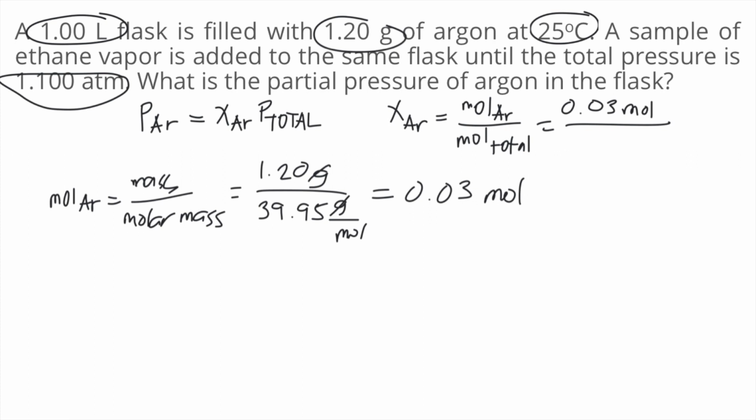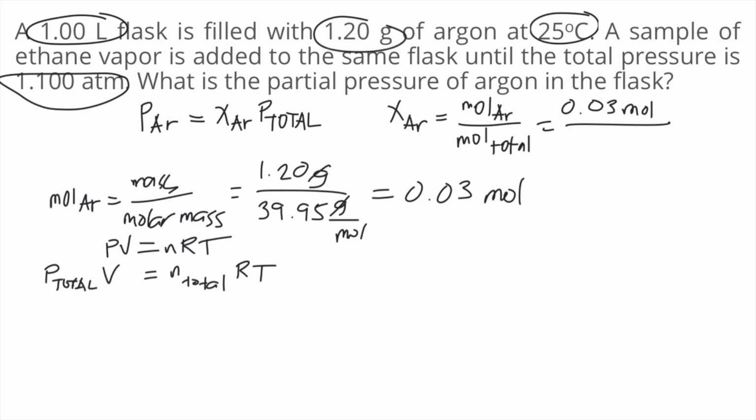The ideal gas equation, if you can recall, is PV equals nRT. In the problem, we want to get the total number of moles, or n total. So n stands for moles, right? So if you're looking for n total, you will use P total, or the total pressure. So P total times volume is equal to n total times RT.